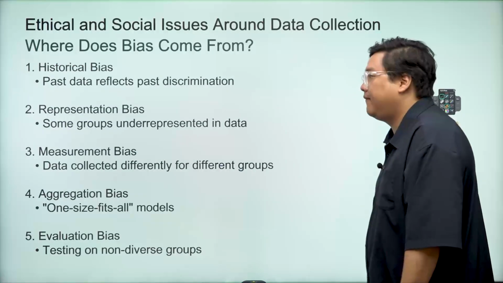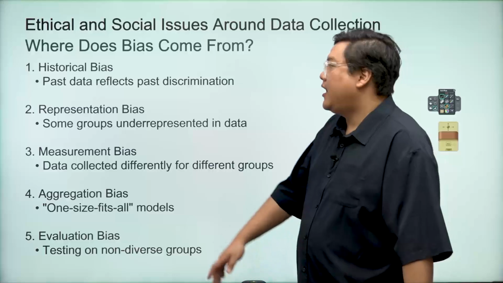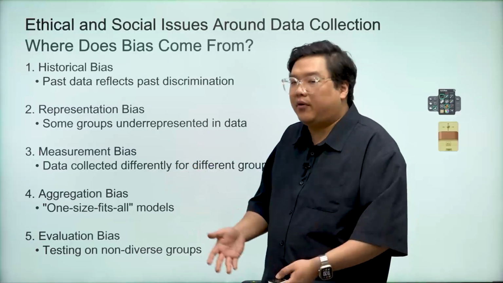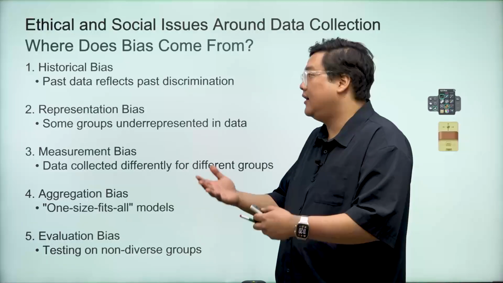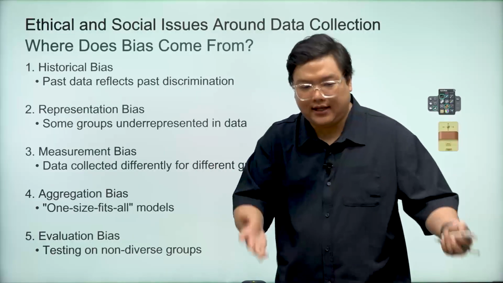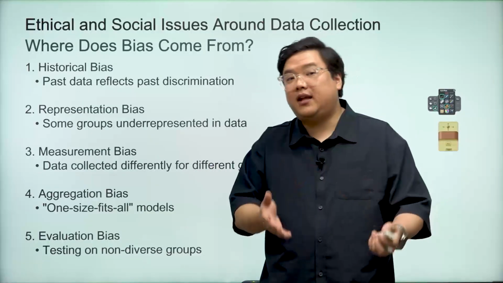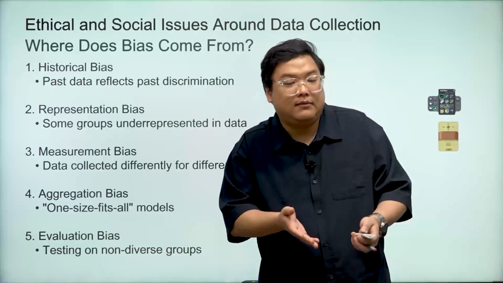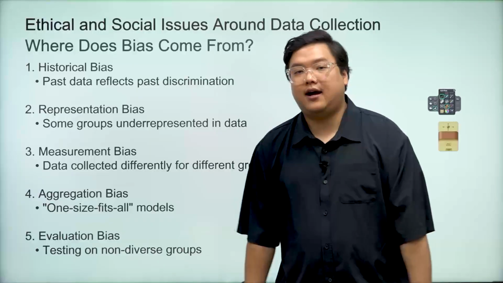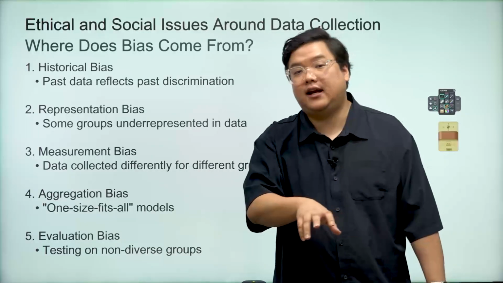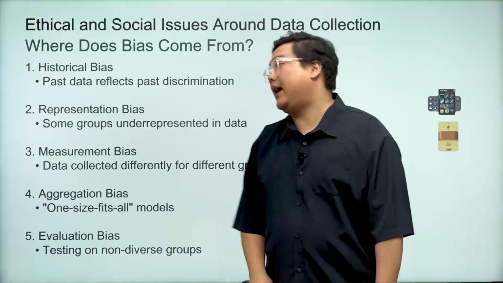So where does bias come from? Historical bias. For example, if we train our AI on past data, and that past data contains some kind of discrimination that we can't see immediately, but there is a pattern in that data, then the AI trained on that data is going to have some kind of bias, right?